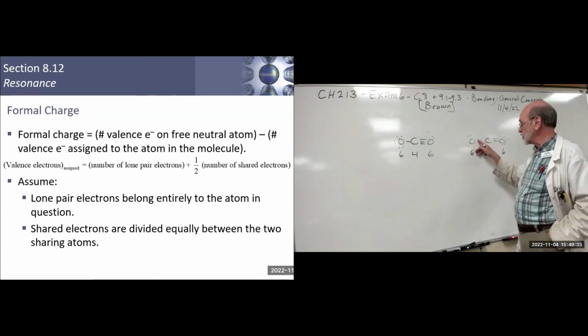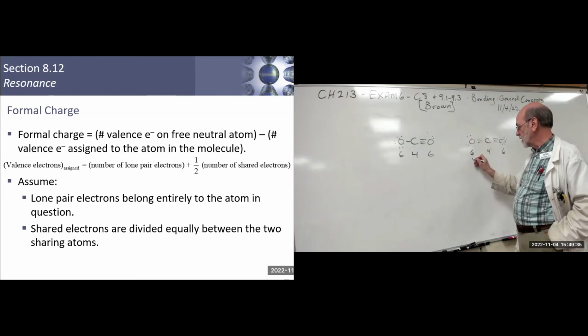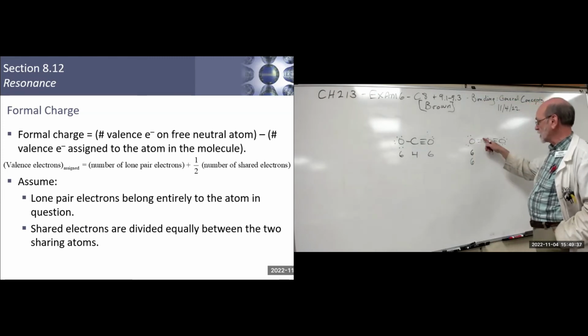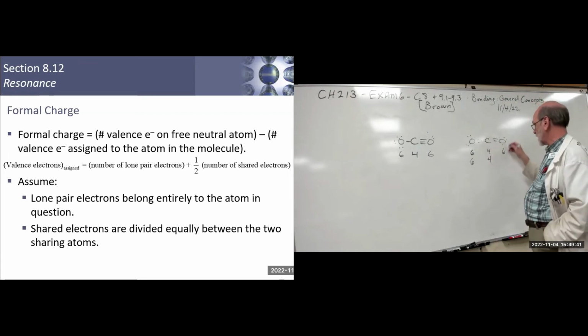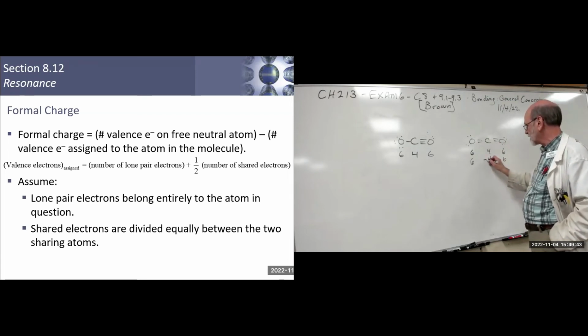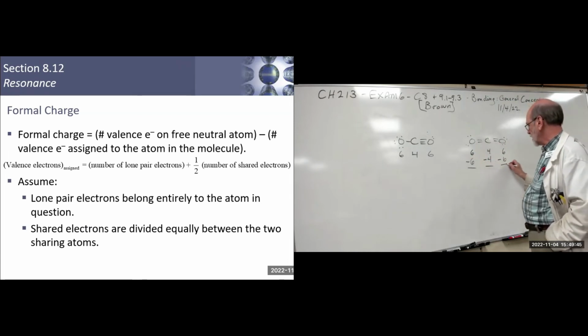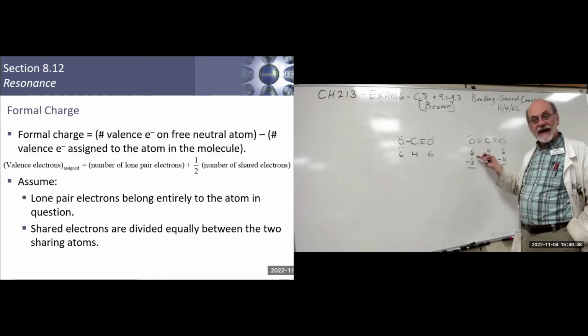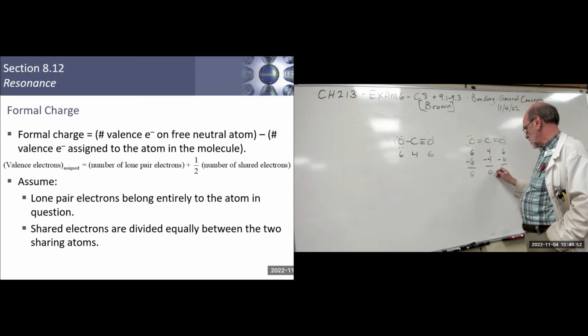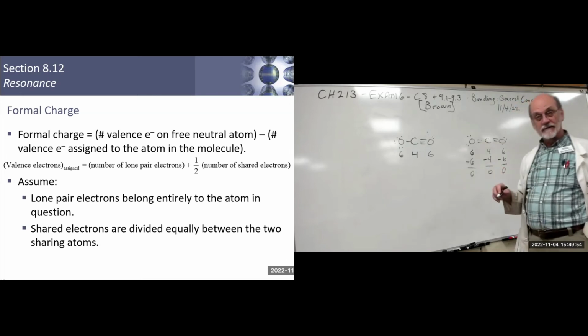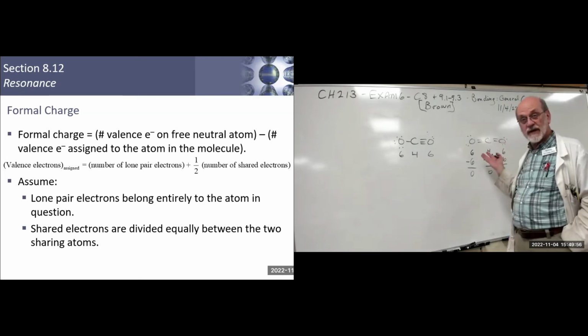So that's 1, 2, 3, 4, 5, 6. This one gets 1, 2, 3, 4, half of those bonds. And same thing over here. And we subtract those values from the free atom valence electrons. 0, 0, 0. So that says this is probably the best one.